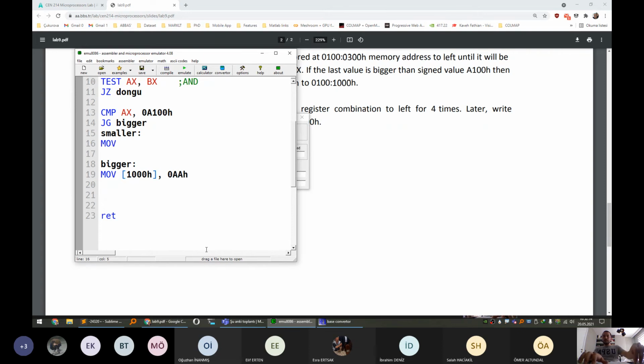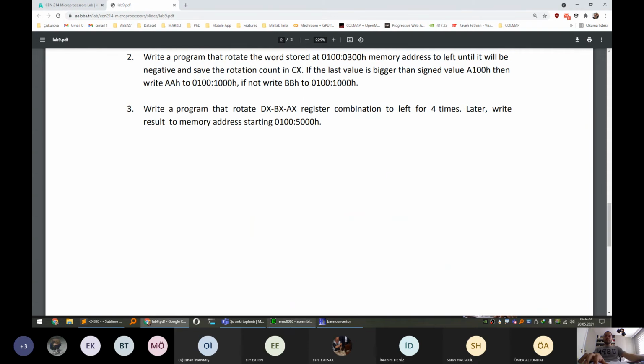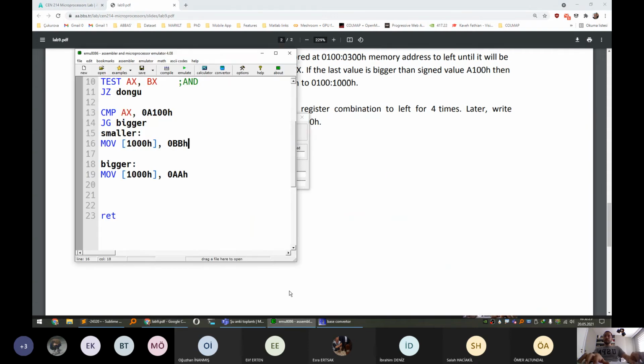Smaller is writing what? BB into 1000, but after the smaller operation we need an unconditional jump to the end.